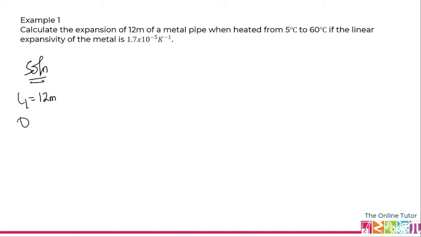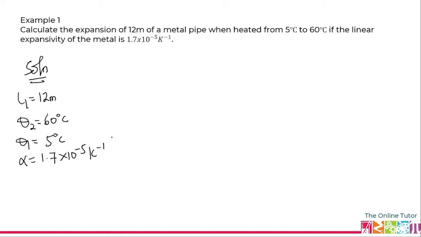That means our theta 2 is 60 degrees Celsius, and then our theta 1, which is the initial temperature, is 5 degrees Celsius. We are to calculate the extension or the expansion, if the linear expansivity alpha is equal to 1.7 times 10 raised to the power minus 5 per Kelvin.